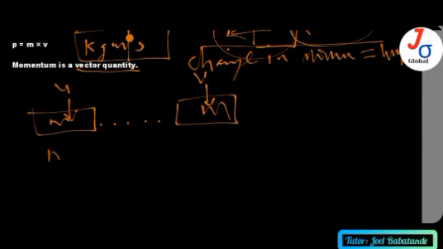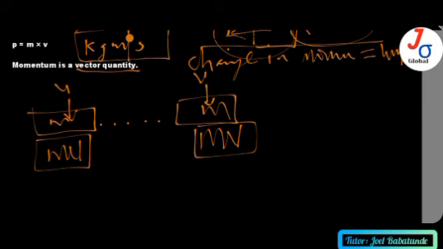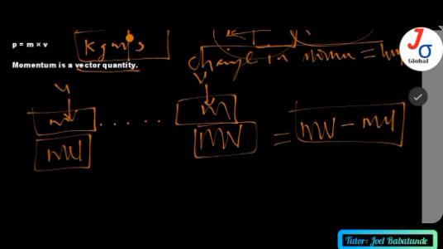This is mu, this is mv. The change will be this minus this. So the change in momentum is mv minus mu. So I'm saying that impulse is the same as change in momentum. So impulse, Ft, equals mv minus mu.